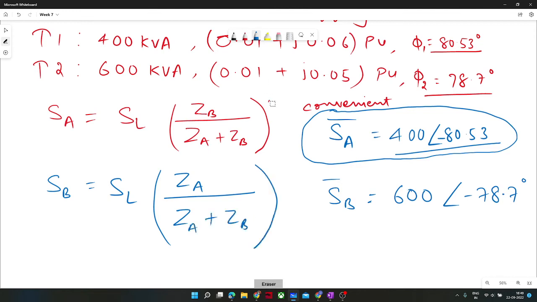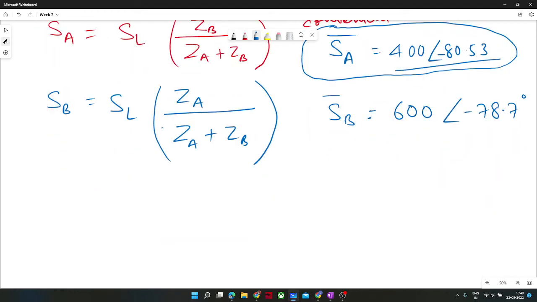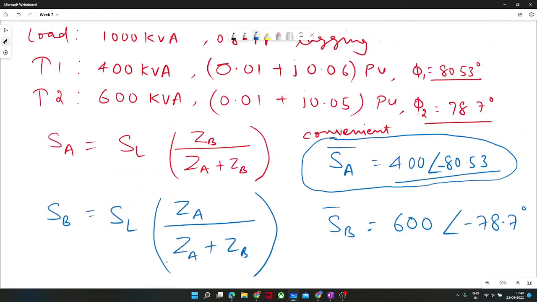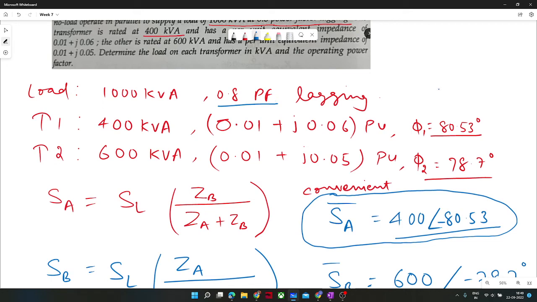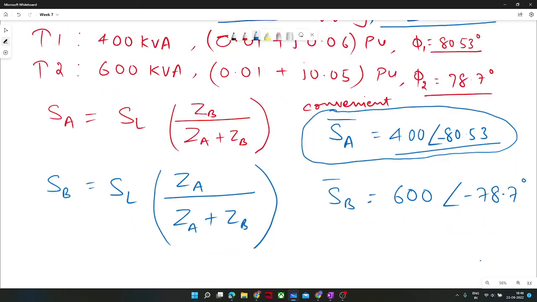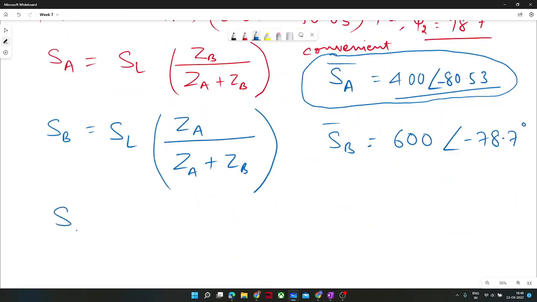Here I am also removing the conjugate terms. Now we know the load is 1000 kVA and load power factor 0.8, that is minus 36.86. I can write the load in this manner, SA in this manner, and SB in this manner. So I am just going to complete the calculation.